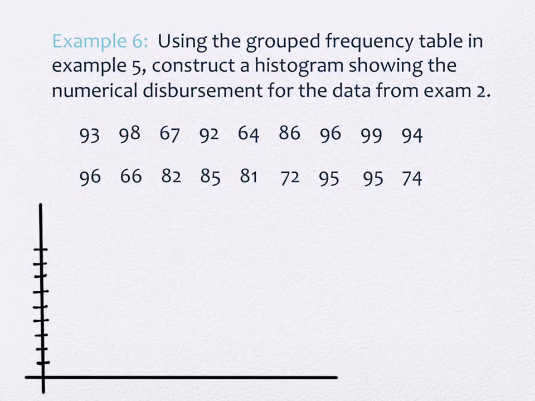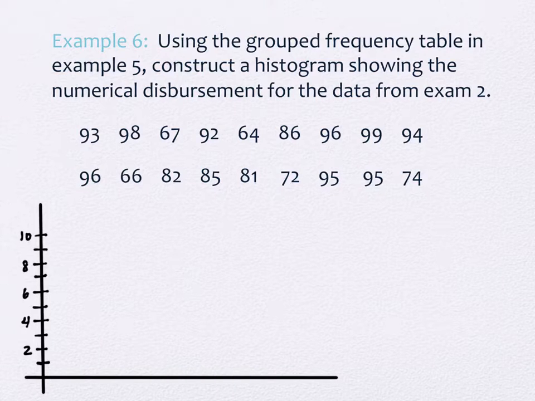Even if you make each hash mark worth 1, that doesn't mean you have to label every single one of them, but you should label enough of them that we can see it and not have to keep counting or guessing where we are. So I'm going to label every other value. And even though I don't have a 10, I'll put a 10 on there just for the labeling purposes.